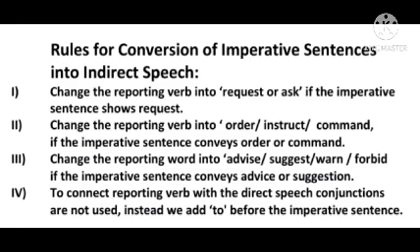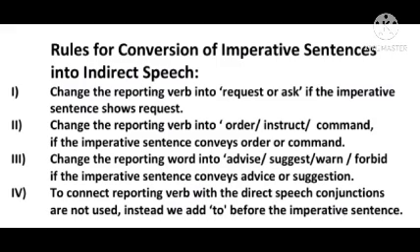Change the reporting verb into advise, suggest, warn, forbid if the imperative sentence conveys advice or suggestion. To connect the reporting verb with the direct speech, as we were doing in assertive and interrogative sentences, what did we do?